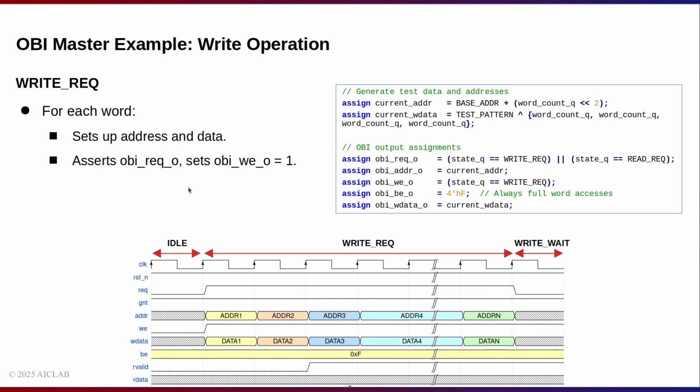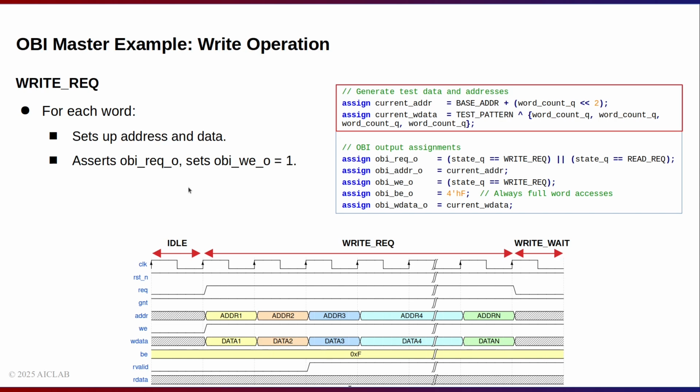The write operation. We use a finite state machine to implement this module. Let's look at the write operation. During the write request state, the master provides both the address and data. The address itself is calculated as the sum of the base address and the word count. We then left shift this value by 2, which ensures word alignment for our 32-bit data bus.